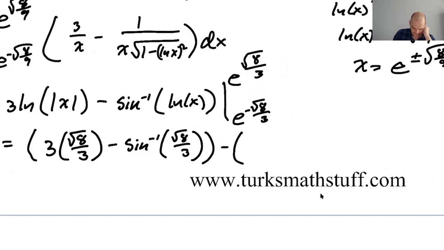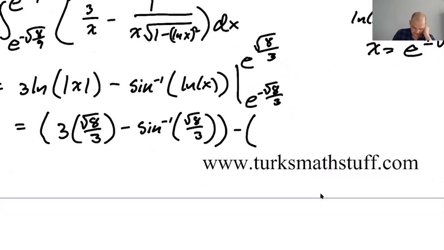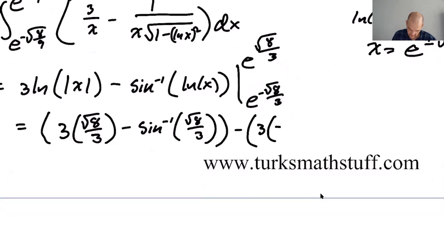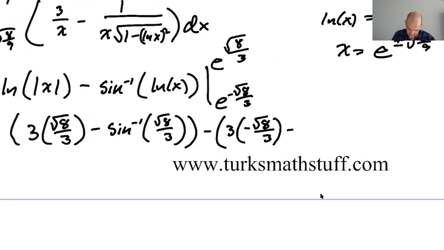And then here, there's that absolute value. What does the absolute value do? I mean, that's a positive number, so it doesn't actually do anything. I think it's just 3 negative root 8 over 3. And then minus sine inverse of negative root 8 over 3.